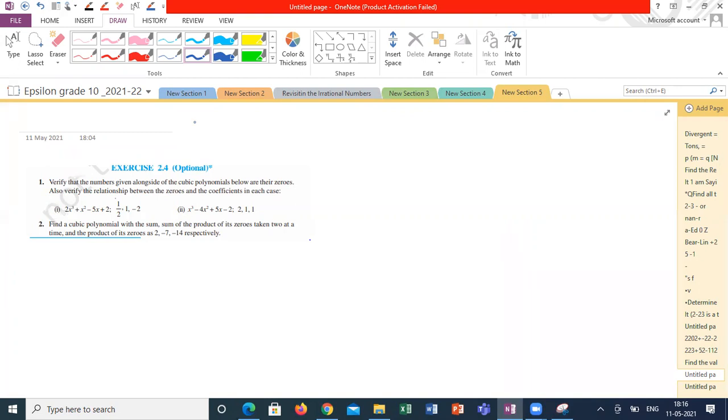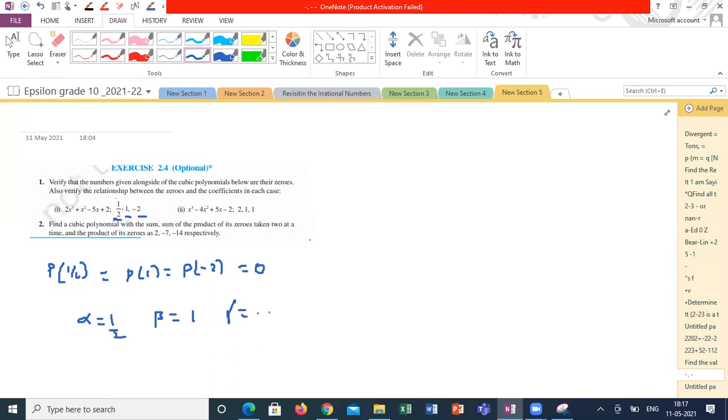See here, he is asking us to verify whether the given numbers are zeros of the polynomial or not. So P of 1 by 2, P of 1, P of minus 2 should be 0. Here alpha is equal to 1 by 2, beta is equal to 1 and gamma is equal to minus 2.